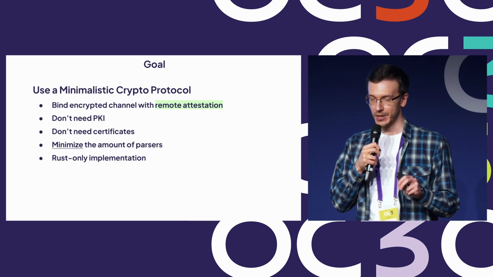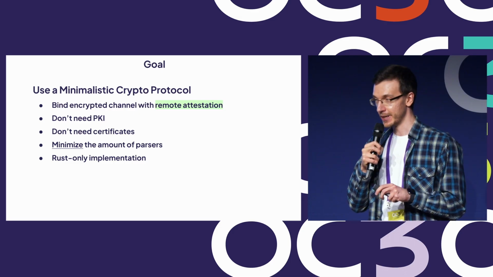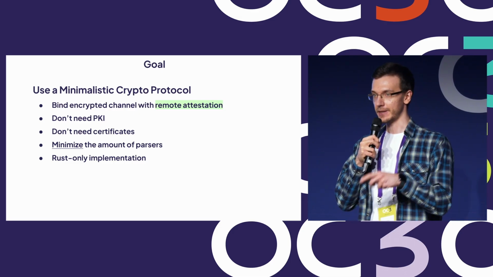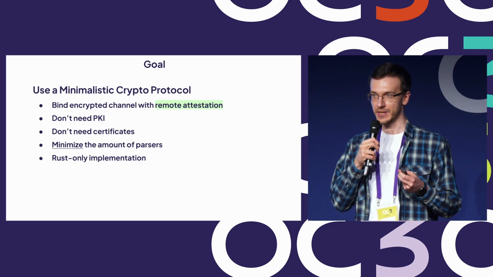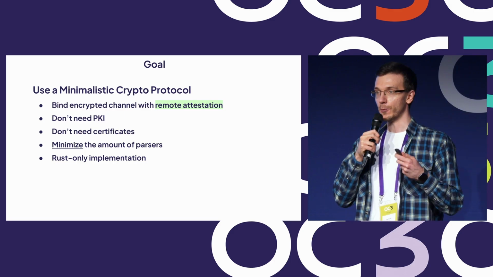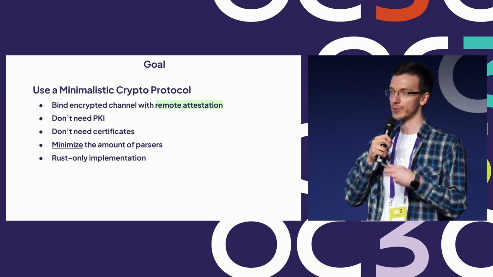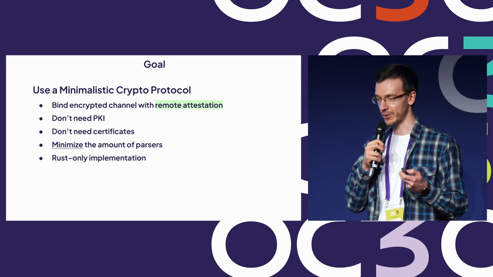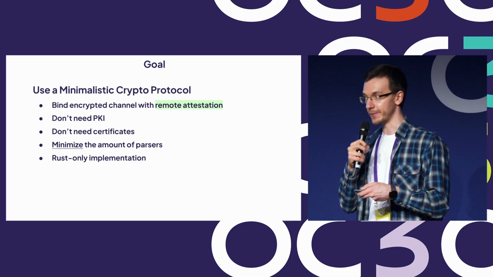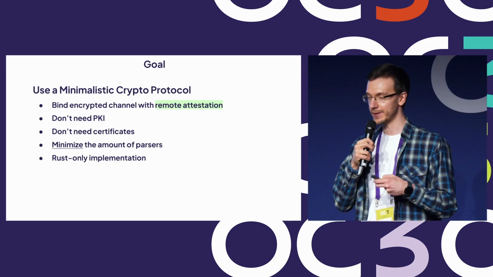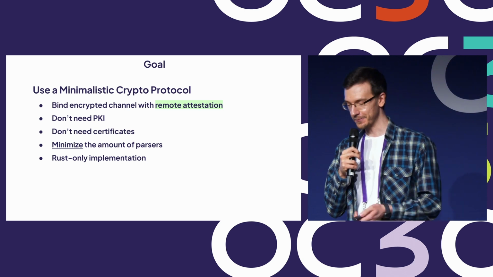But today, we want to focus on how exactly we implemented end-to-end encryption between the client device and the CVM. And because we have such a minimalistic use case, we also wanted to have a minimalistic crypto protocol that we can use to bind it together with the remote attestation. And technically, because we already provide remote attestation, we didn't need to have PKI, and we didn't need to have certificates.